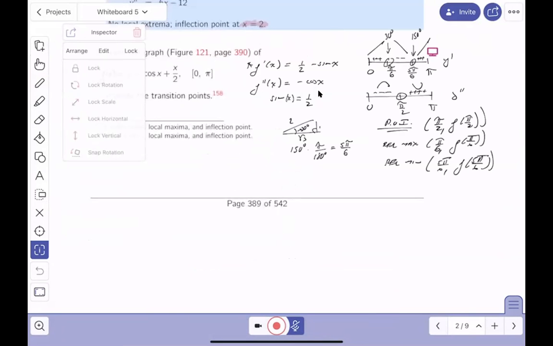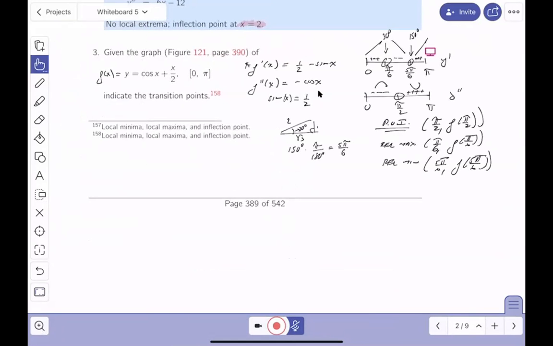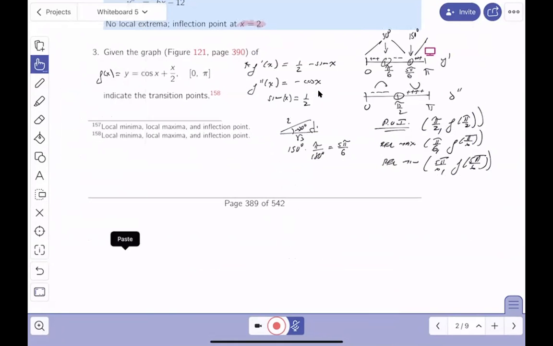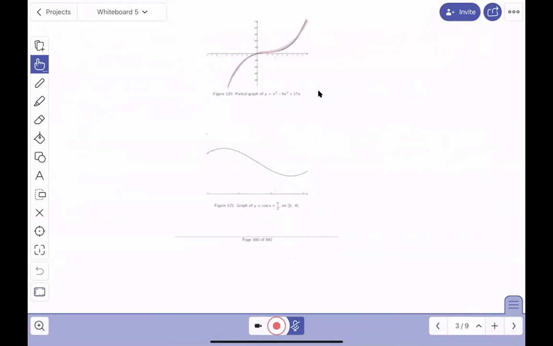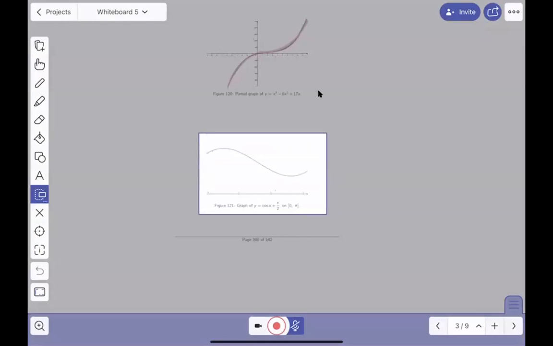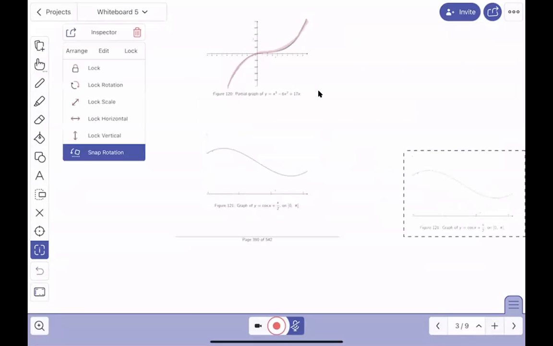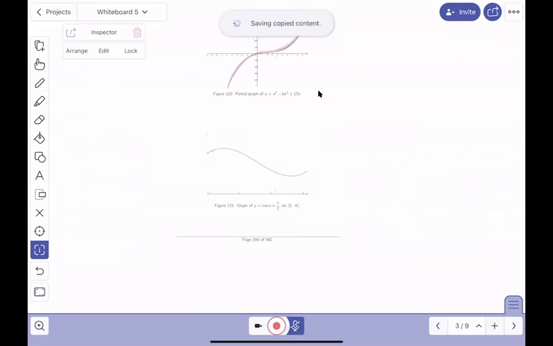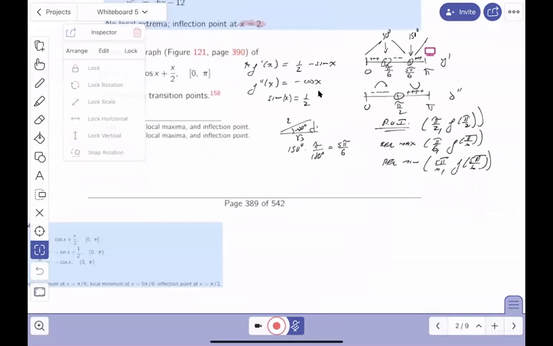I'll paste it here. Give me a second to do so. I'm also going to grab the picture. I'm going to paste that right here.